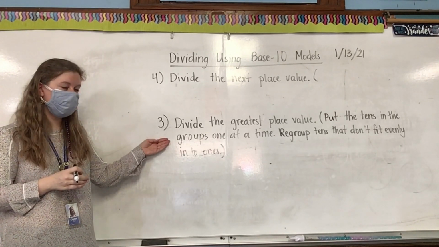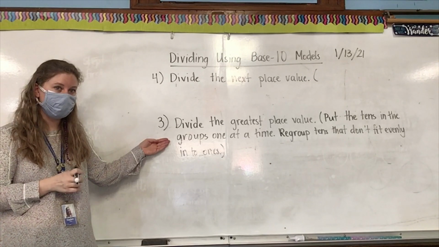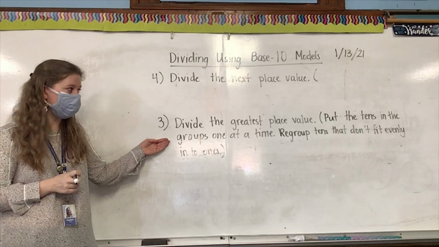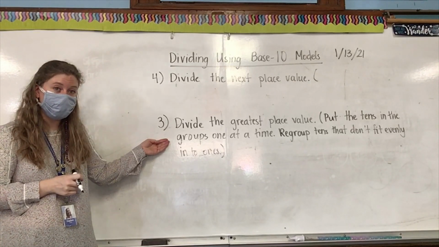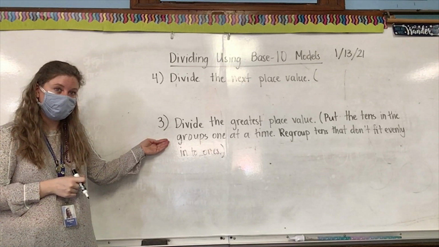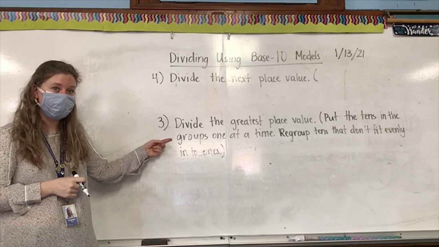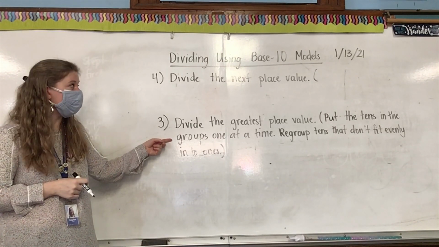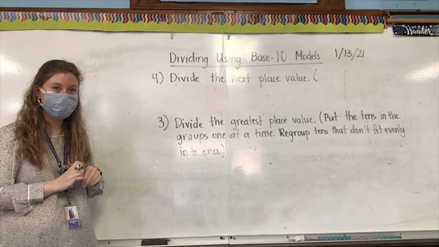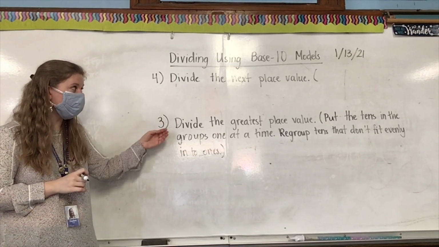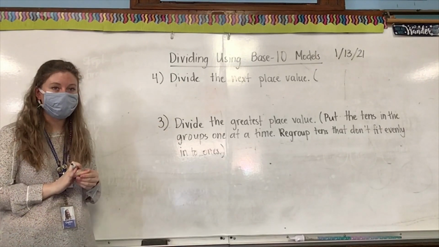We have a sentence right here. Do we change anything about this sentence other than the place value? Does it happen the same way, this first sentence, just with a different place value? Look at the first sentence here in parentheses. Is it any different when we're dividing the ones except that we're not in the tens place? No. So what could we write as the first part of this step?